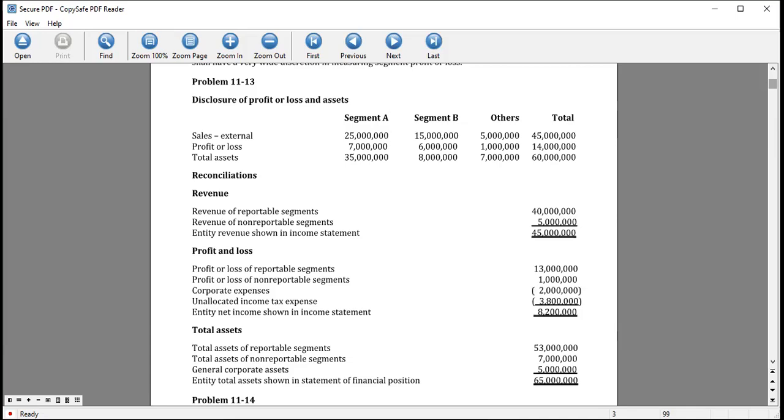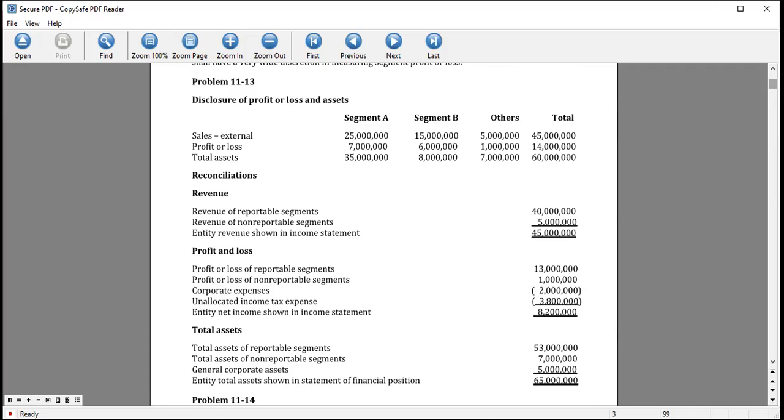So for segment A, then segment B, and we have the others. Okay, so we have now the sales external adding segment A with segment B and the others of 5 million.